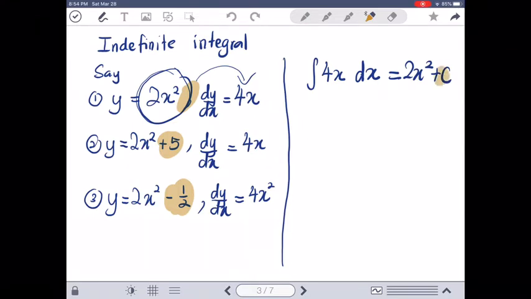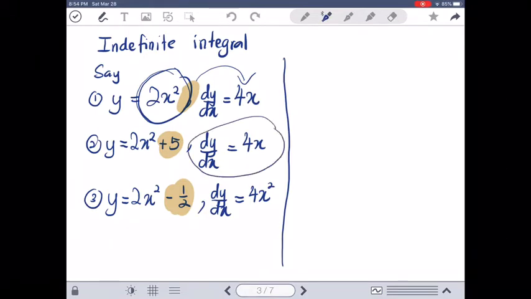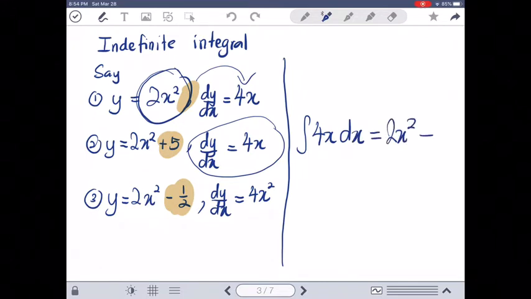We don't know the value of c, but c can be anything. Let me repeat again. If we integrate 4x with respect to x, we should get 2x squared plus c.